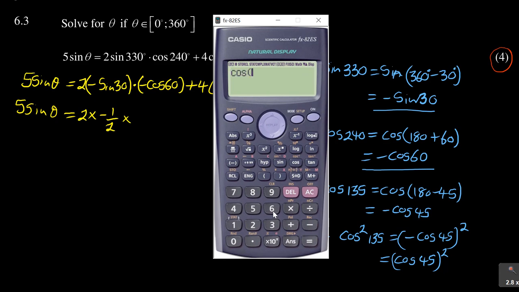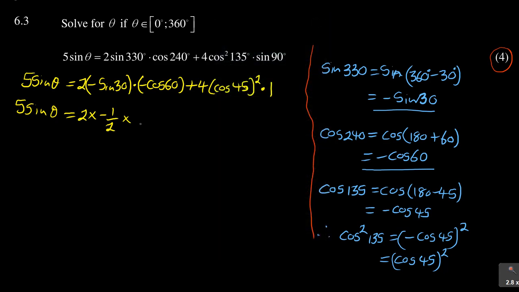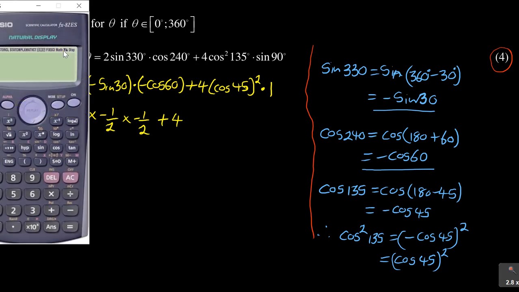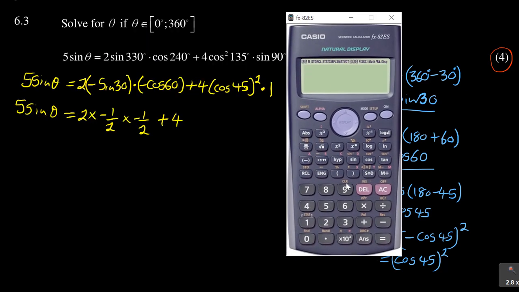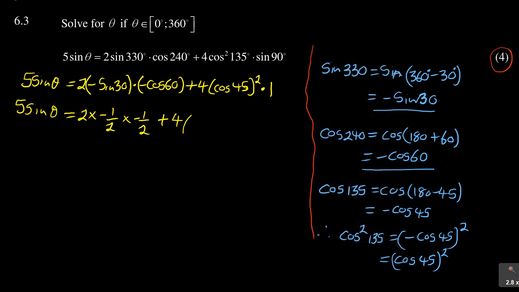Cos 60 is a half again, so times negative a half, plus 4, and then what we have here is cos 45, so the best is to do cos 45 and then close and say squared. You can see it's giving you a half, so times 1 over 2.